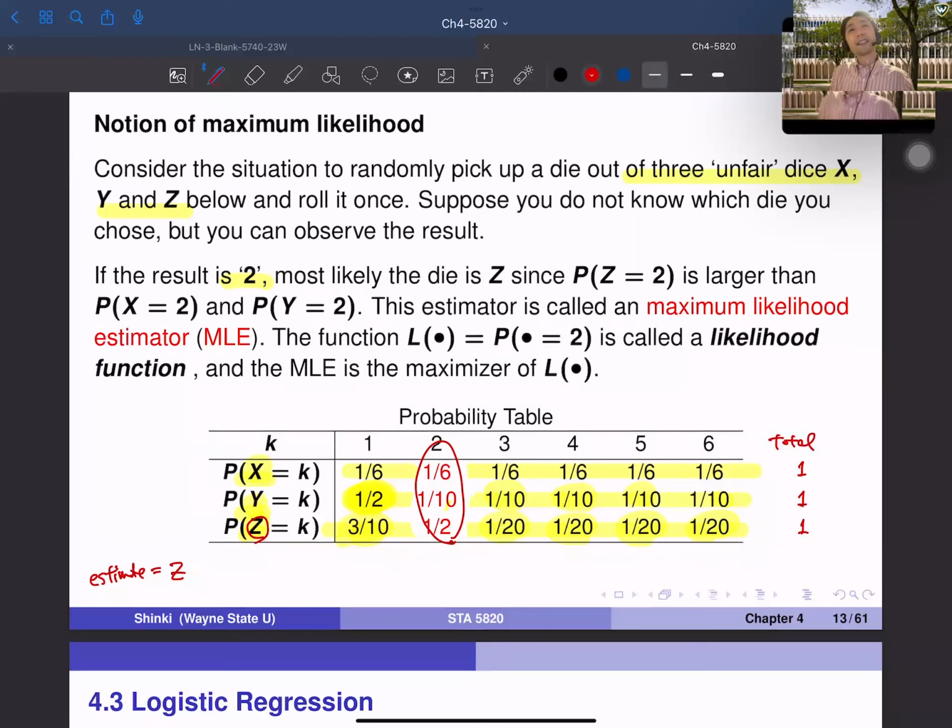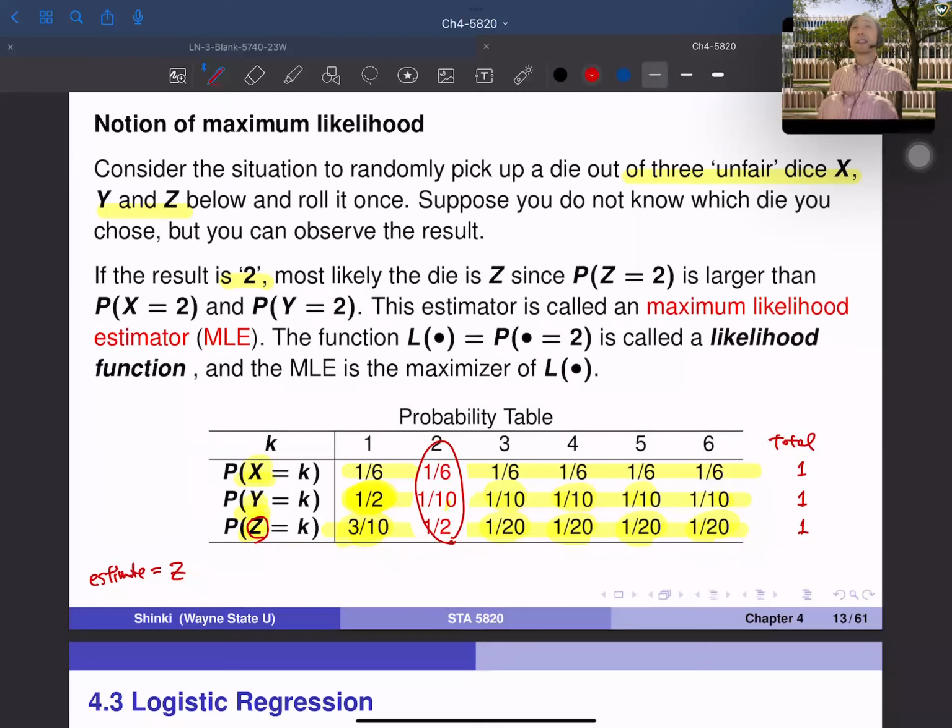If we look at this horizontally, that is just probability theory. We have 3 different probability spaces. But we use this table vertically. We just take this section. So that is a kind of new idea. And we compare these 3 values. In this case, we have only 3 possible values, X, Y, and Z, and the probabilities are 1/6, 1/10, and 1/2.